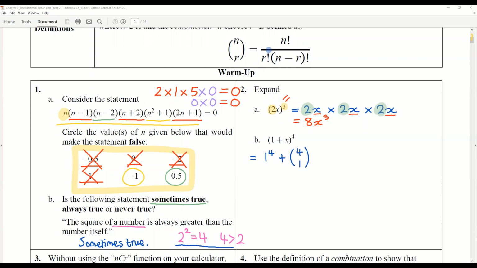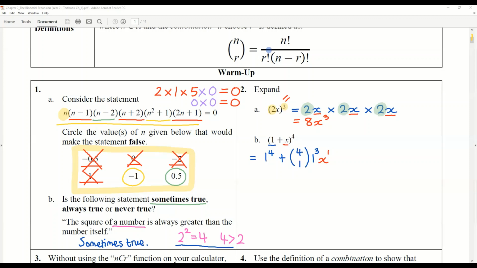And then remember the 1, which is the first term in the expression here, it drops by a power. Okay, so it's going to be 1 to the power 3. And then we're going to bring in the x. So we're now going to have x to the power 1.